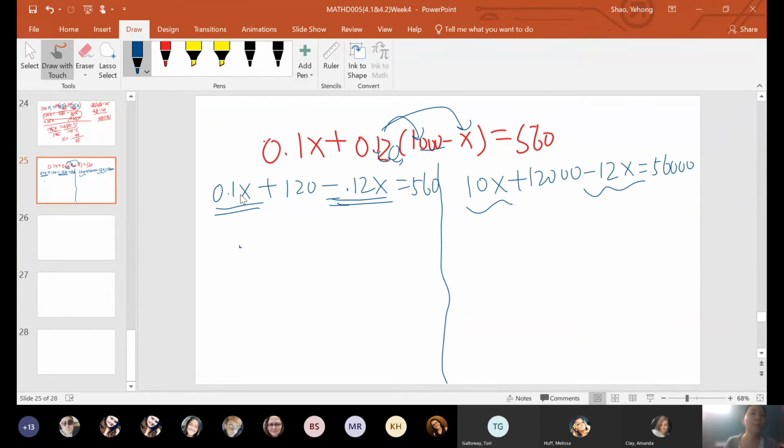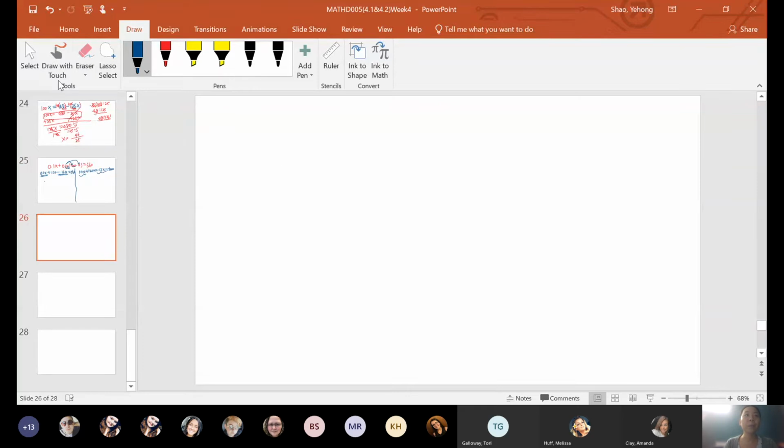So how do we do 0.1 minus 0.12? Okay, let's write it. Maybe I get a new page here. So how do we do 0.1 minus 0.12? When you look at them, 0.12 is bigger than 0.1, right? So you're subtracting a bigger number from the smaller number.